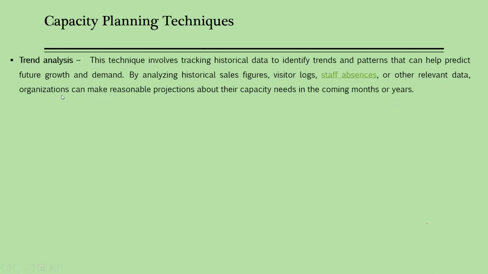Now let's see the capacity planning techniques. First one is trend analysis. Trend analysis is one of the time series analyses, which involves tracking historical data to identify trends and patterns.